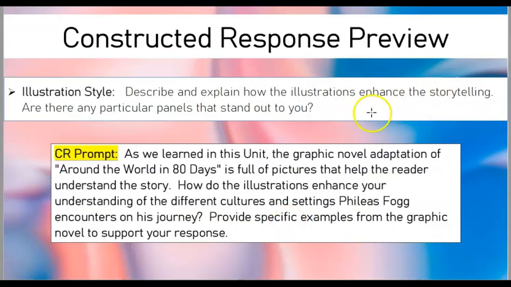So when we're looking at the illustration style, you can describe and explain how the illustrations enhance the storytelling. Are there any particular panels that stand out to you? And so you can do that within your CR paragraph.